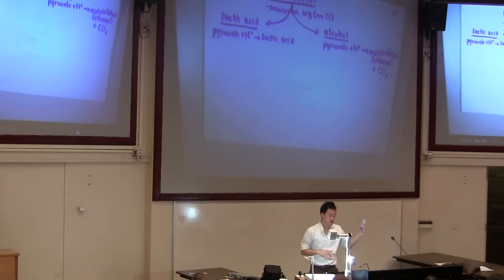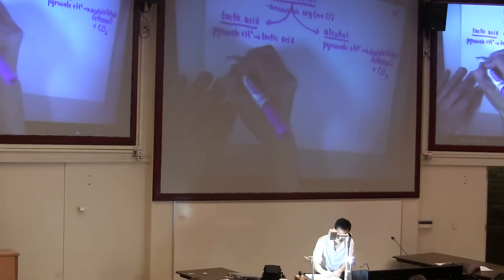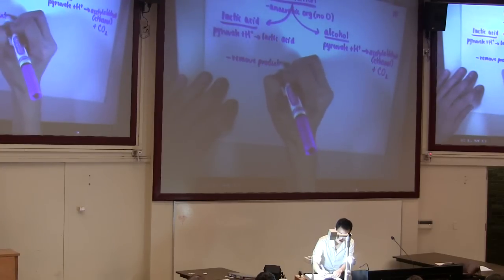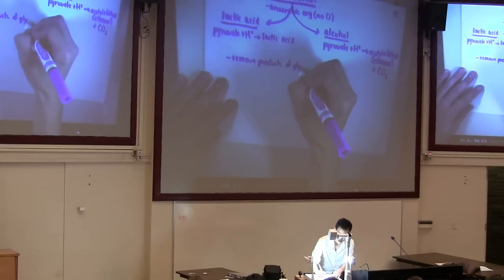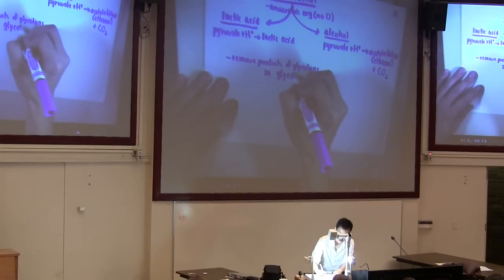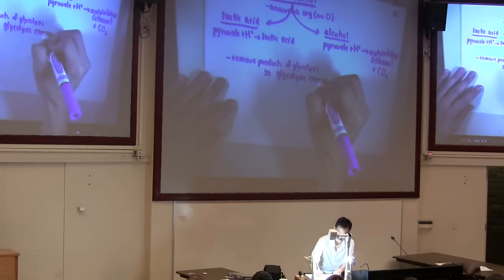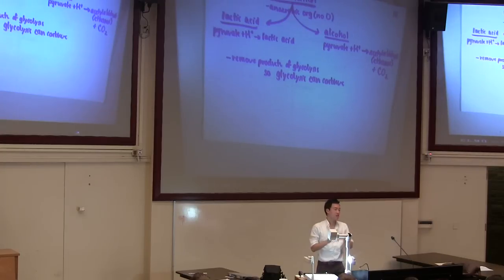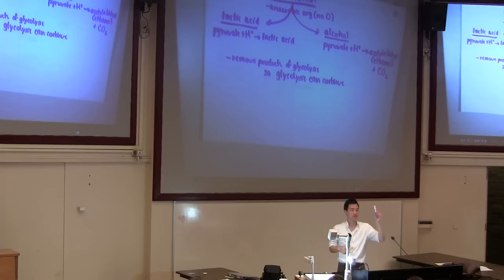And again, what is the goal of fermentation? To remove the products, right? The goal is to remove the products of glycolysis. So glycolysis can continue. Right? They can't do the Krebs cycle. They can't do electron flow. All they can do is glycolysis, so the least they can do is keep glycolysis running, right?